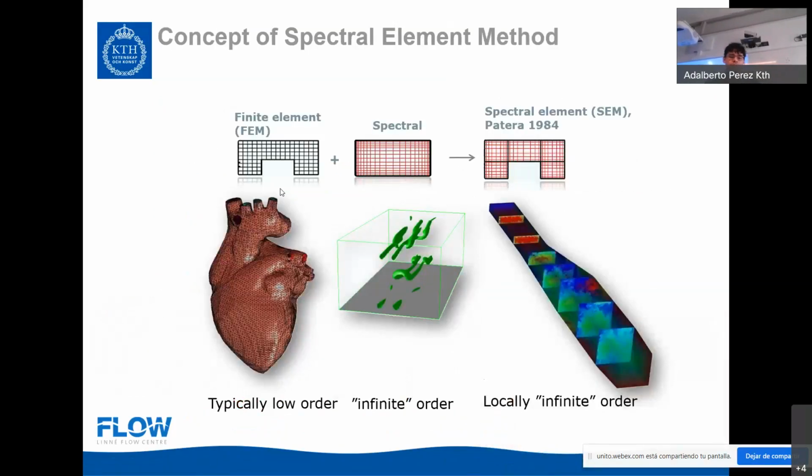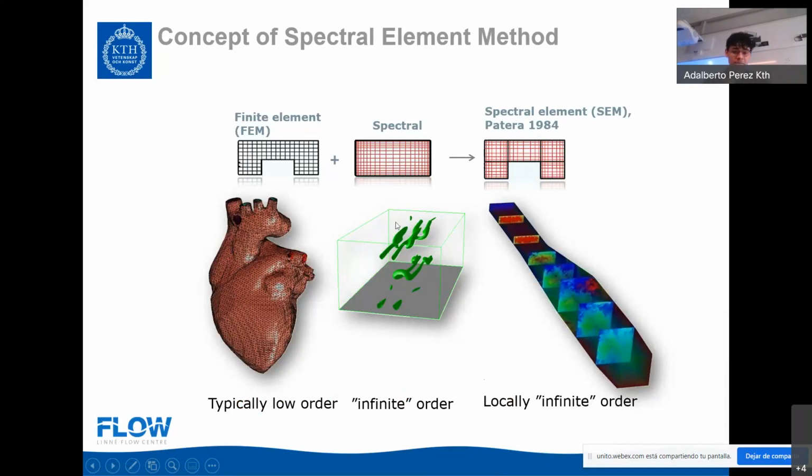So, to explain to you a little bit the concept of spectral method, I have this slide here. Perhaps you are familiar with finite element methods, and if not, then I will just explain to you very briefly. It is a low order method that allows to mesh very complex geometries. For example, here we have a heart geometry, and it's possible to mesh this, but again, it's typically low order.